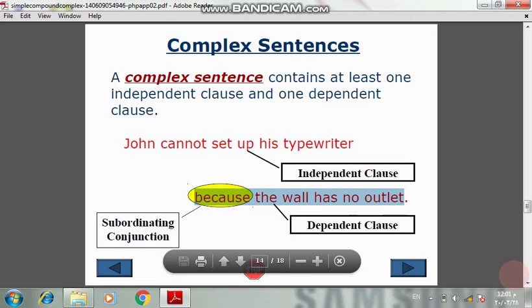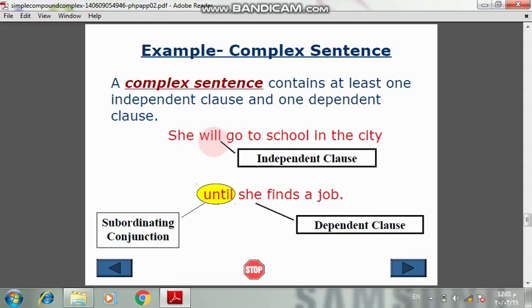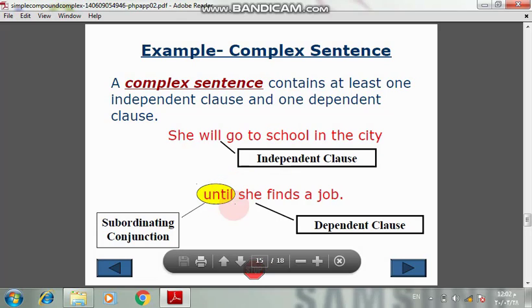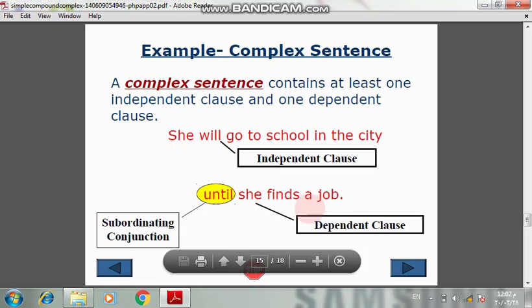Let's have another example. She will go to school in the city. Ask yourself, do you understand anything? Yes, I did. She will go to school in the city. That's clear. Let's go to the second one. Until she finds a job. Can I start talking or writing to someone starting with until she finds a job?